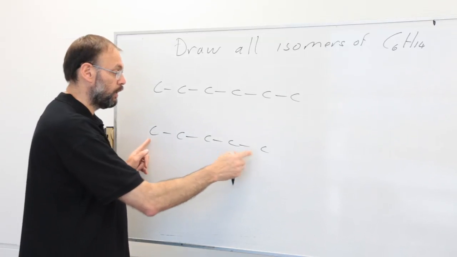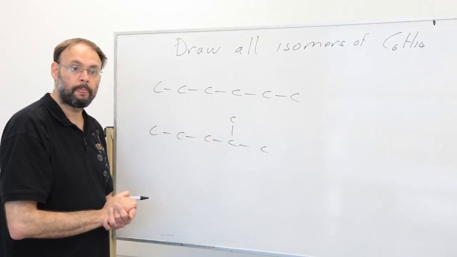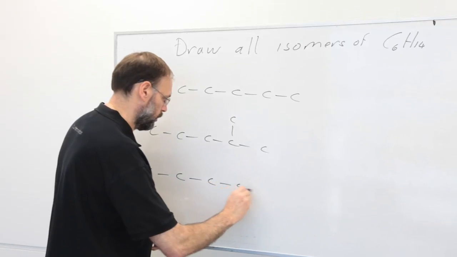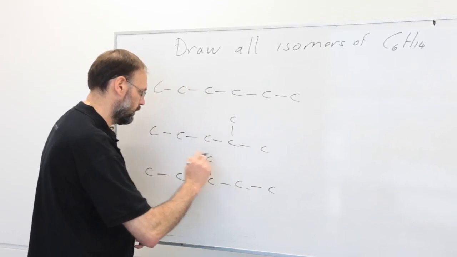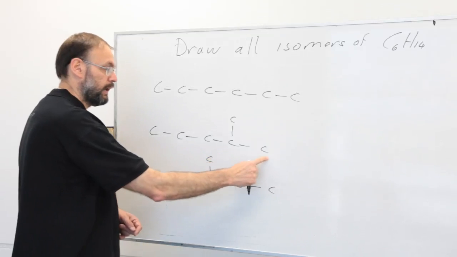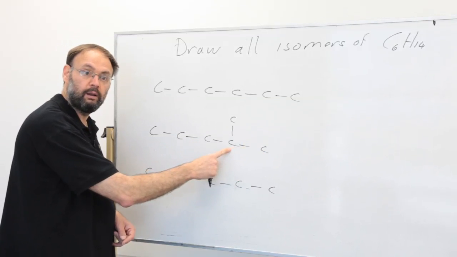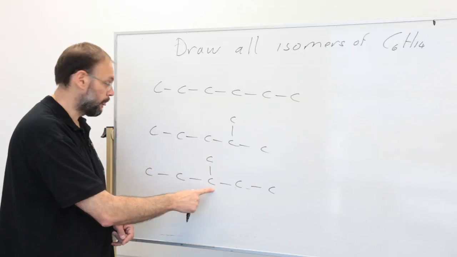If we have 5 in a row, we can put a carbon there, or, a bit sloppy with my drawing, a carbon there. So we can have 1, 2, 3, 4, 5. So this will be 2-methyl pentane, and this is 3-methyl pentane.